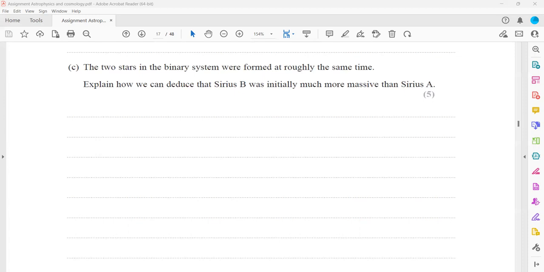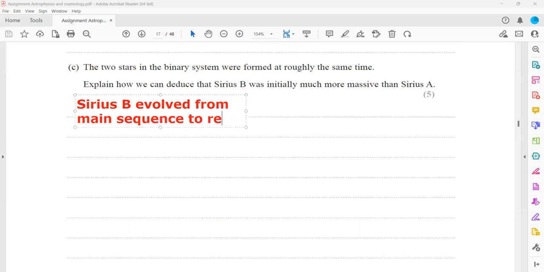So we have to relate these. First, Sirius B, according to the question, has already evolved from main sequence to red giant to white dwarf.